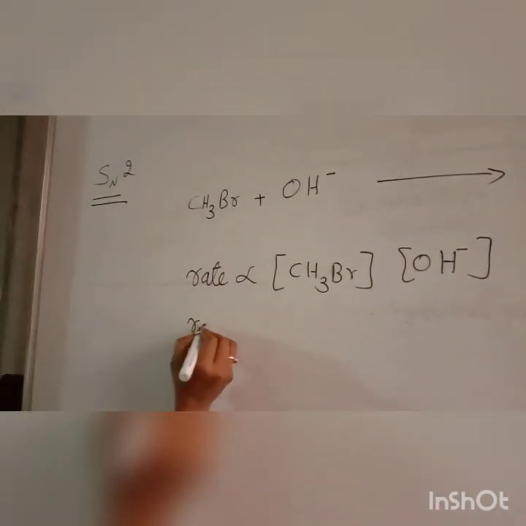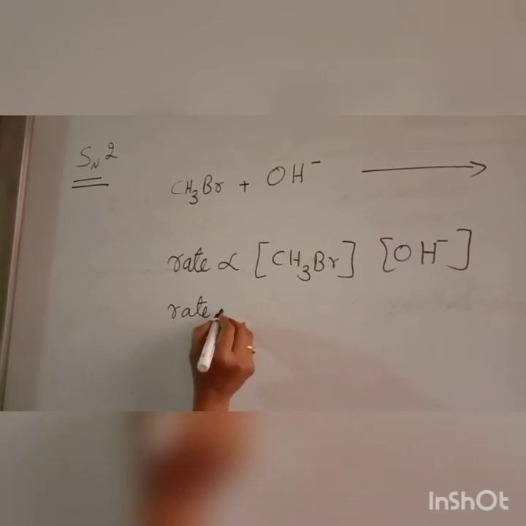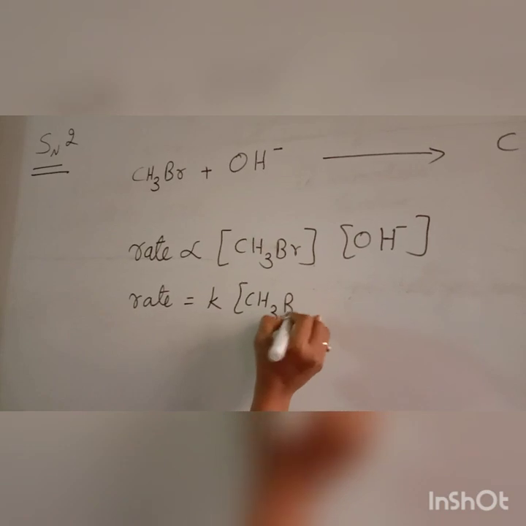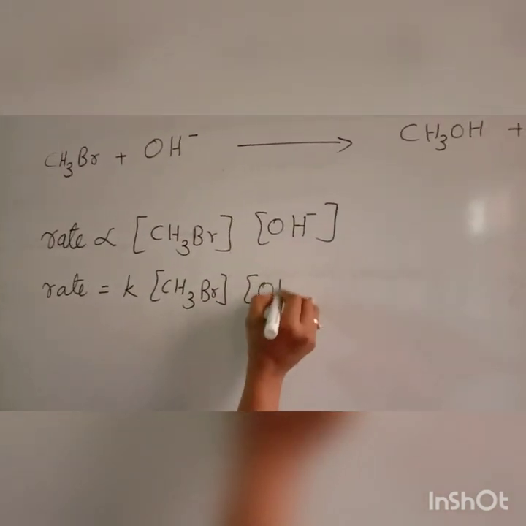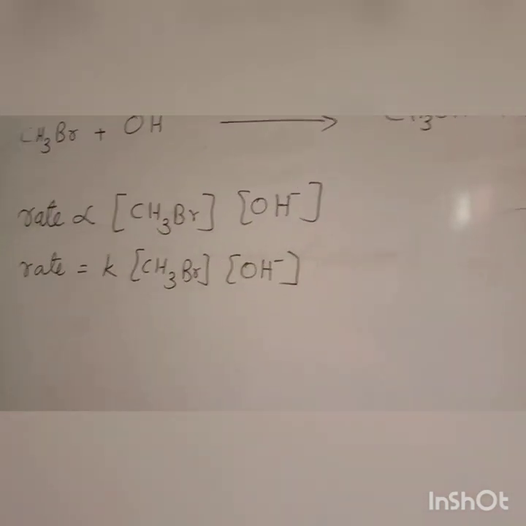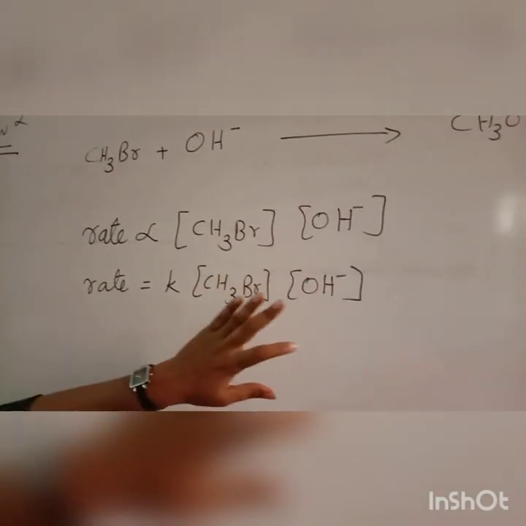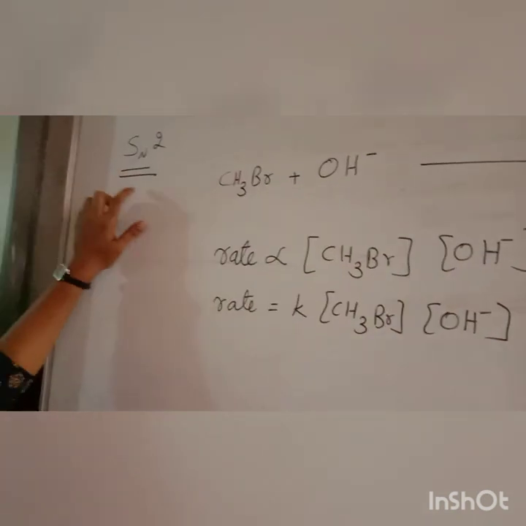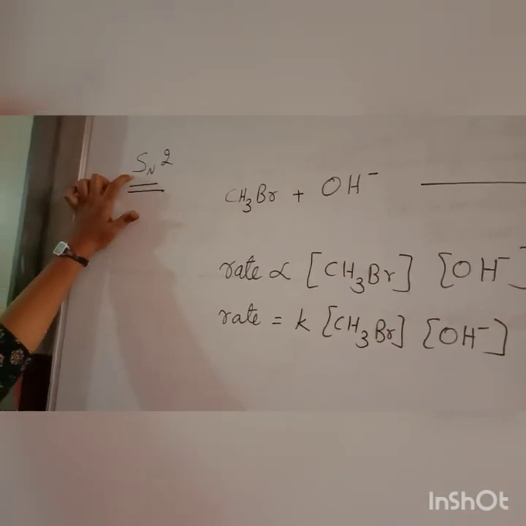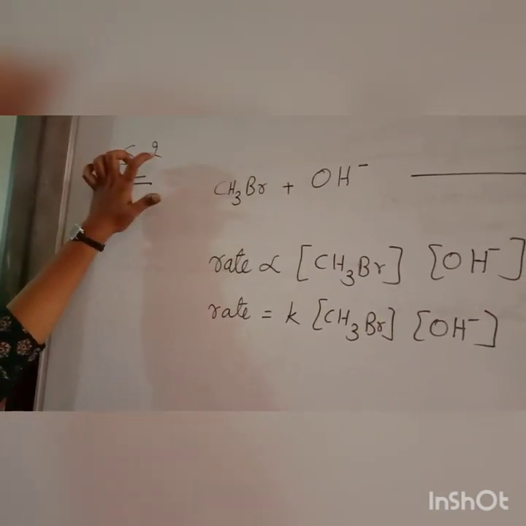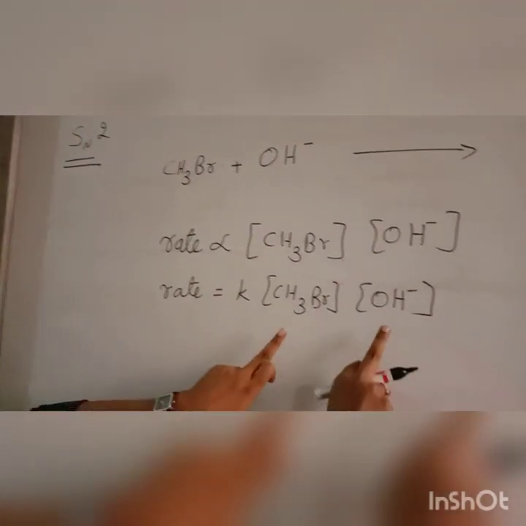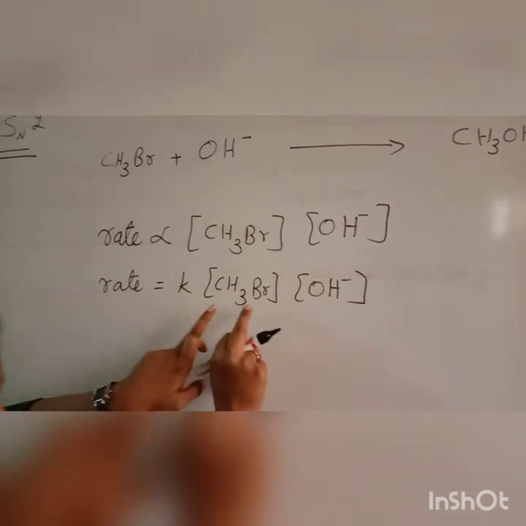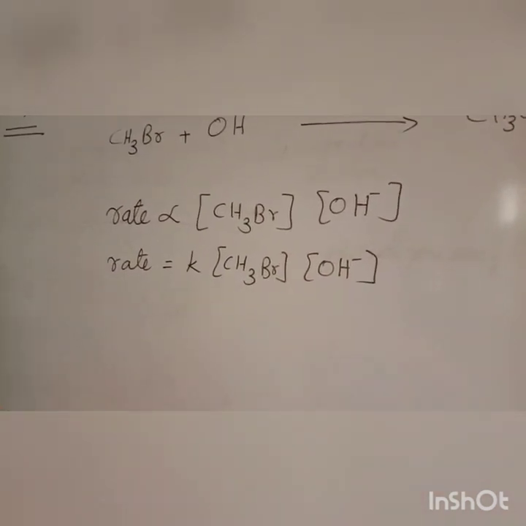Replacing the proportionality sign with a constant, the rate depends on the concentration of both the methyl bromide, the halide, and the nucleophile. Therefore, it is called the substitution nucleophilic bimolecular reaction, because the rate depends upon the concentration of both methyl bromide as well as the nucleophile.